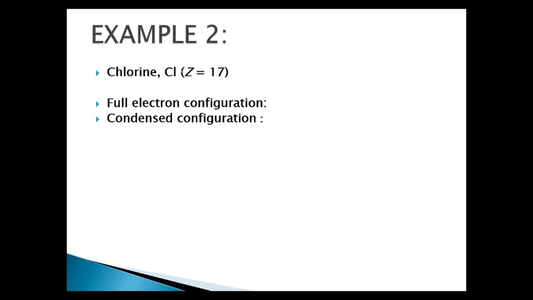Example 2, chlorine with a proton number of 17. The full electron configuration is 1s2, 2s2, 2p6, 3s2, 3p5. You can condense all this inner electron, which has a total of 10 electrons.